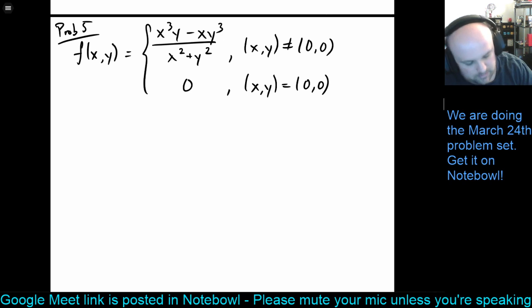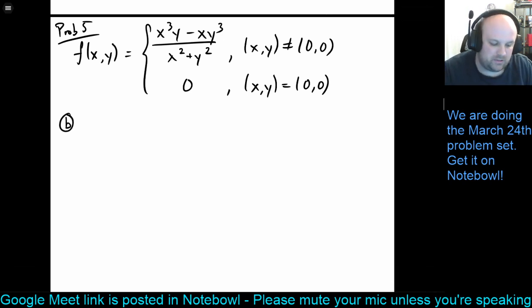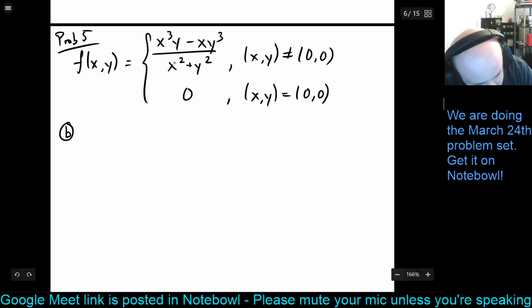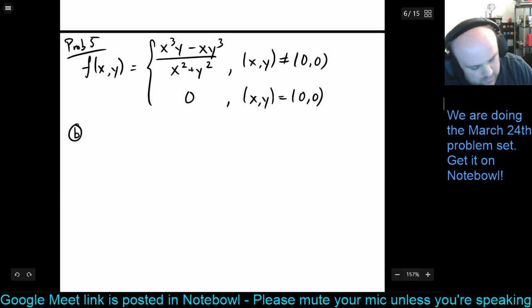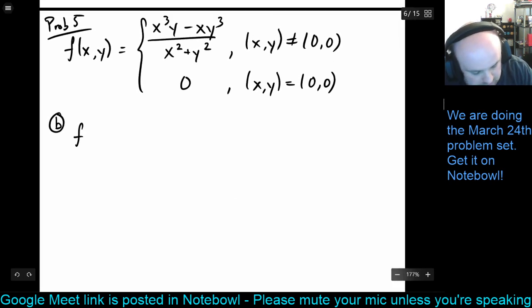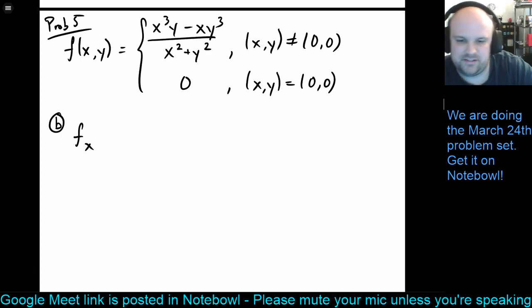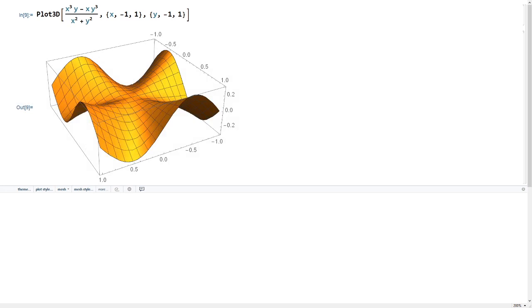Right. Part B of this, we want to take the derivative of this function with respect to x and y. So actually, let's leverage Mathematica to do this for us. Save ourselves some work, right?